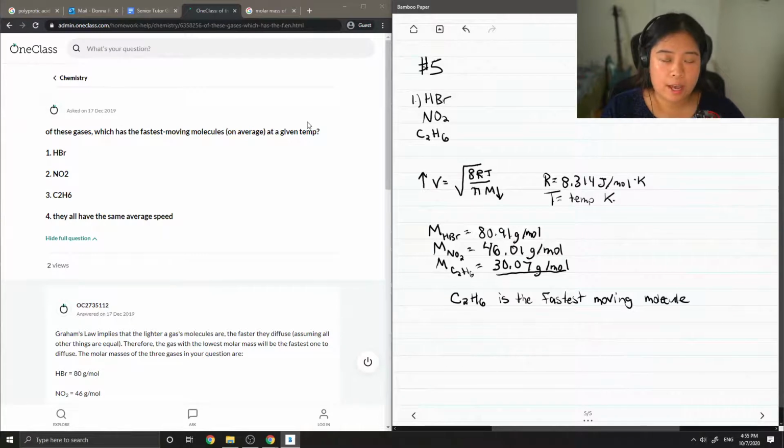But first you would have to convert degrees Celsius to Kelvin. After that, you can calculate how fast these molecules move at a given temperature. But in our case, I'm just going to say that ethane is the fastest and HBr is the slowest.